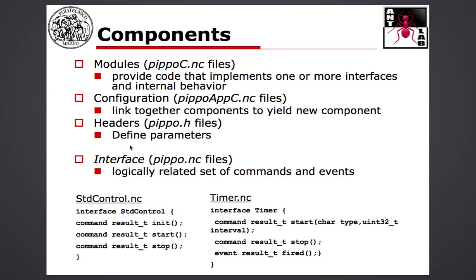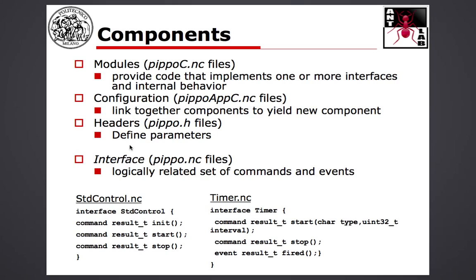So we have 4 main different types of blocks when we write a TinyOS application. It's important to understand why we need them and what the differences between them are.